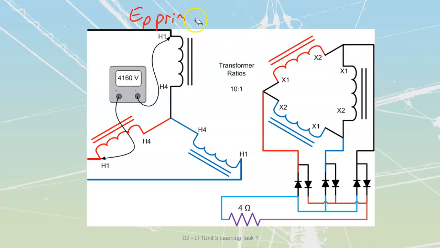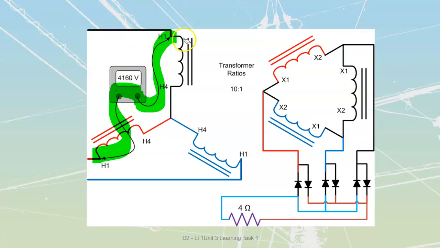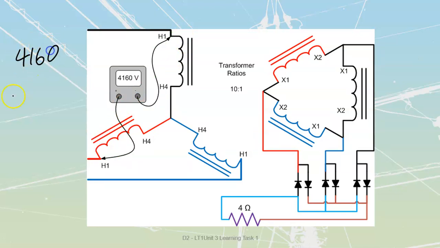So let's figure out what each of those phase values are on my primary. Well, if my primary is 4160, that is a line-to-line value that's given to us in the problem. So we're going to take that 4160, E line, divided by root 3.